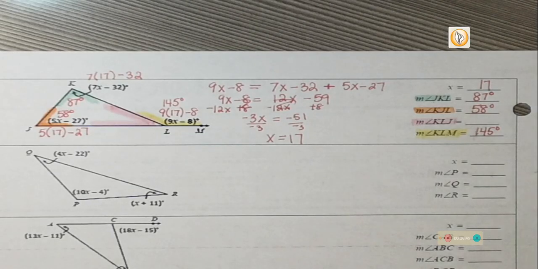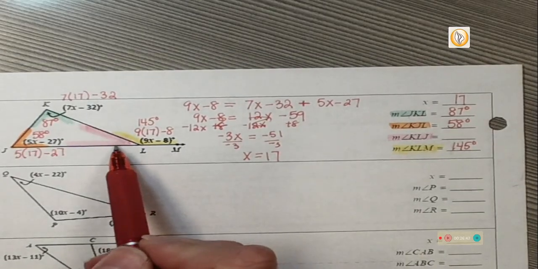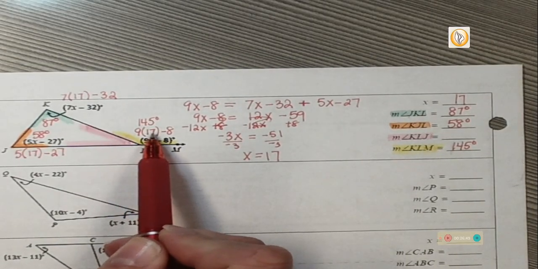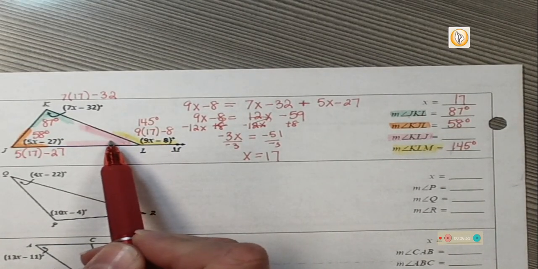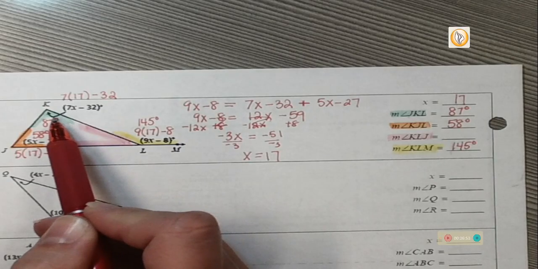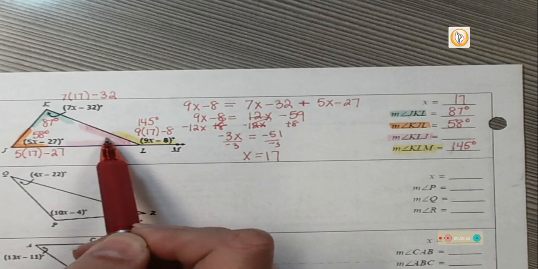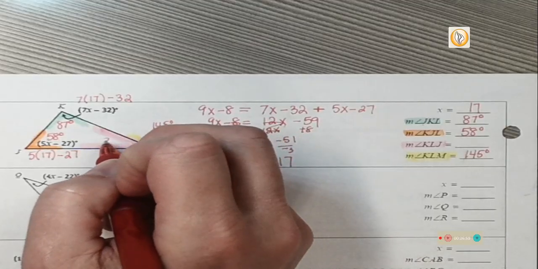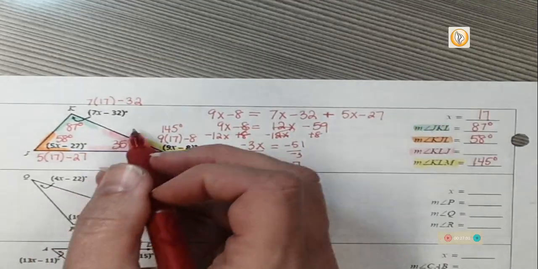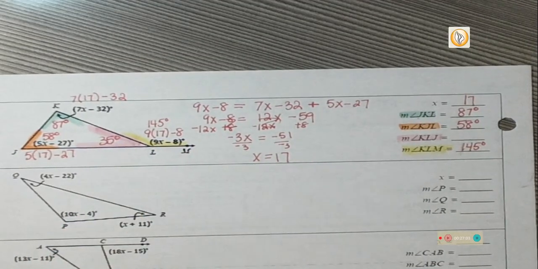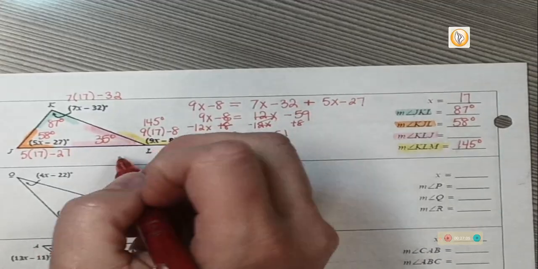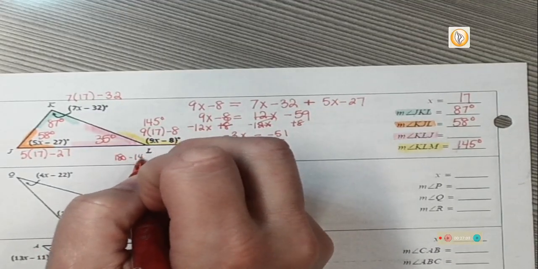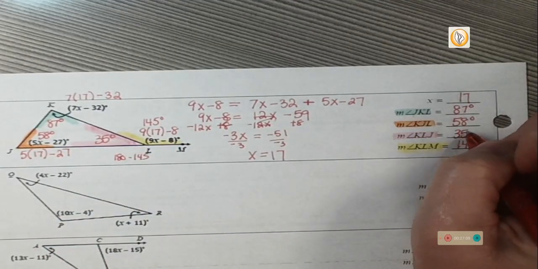You could either say it's a straight line, which equals 180 with 145, or it's inside the triangle, so 180 minus this minus this. Either way, it's going to be how much? 35, my girl says. What I did, honestly, I looked for straight lines. I did 180 minus that 145, and that's where I got 35 degrees.